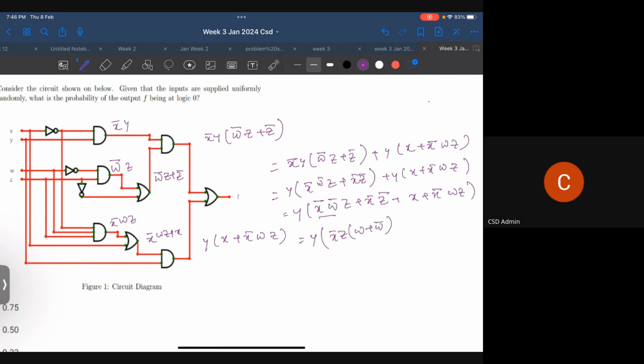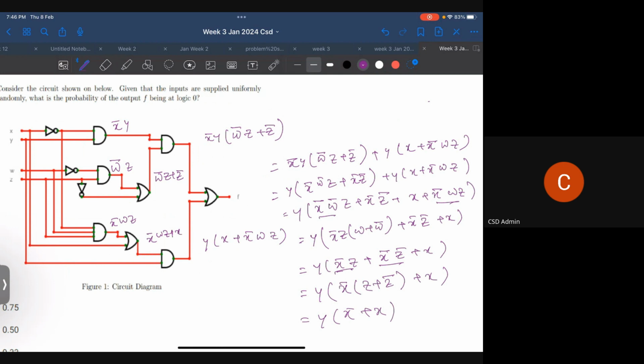Then it will be y (x bar z bar plus x bar z bar plus x). Taking x bar common, z plus z bar, plus x, we get x bar plus x.